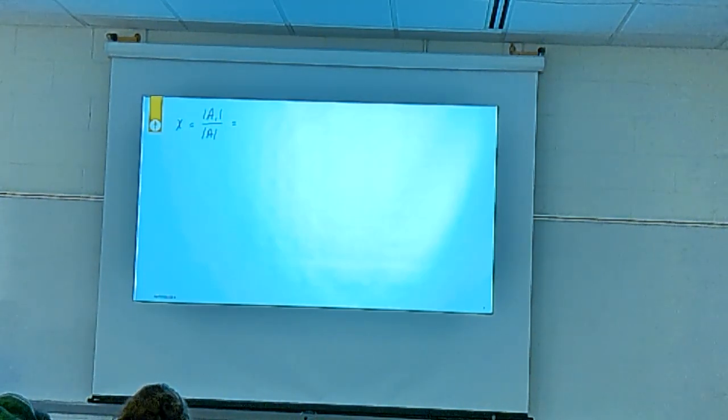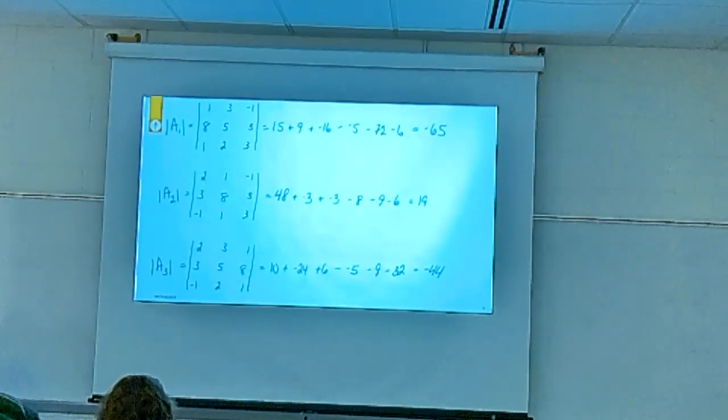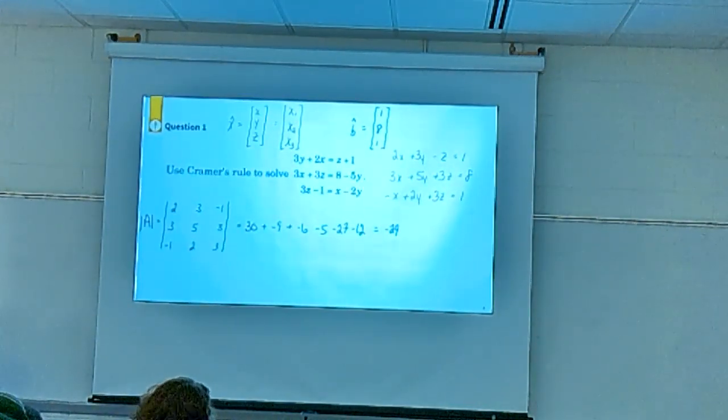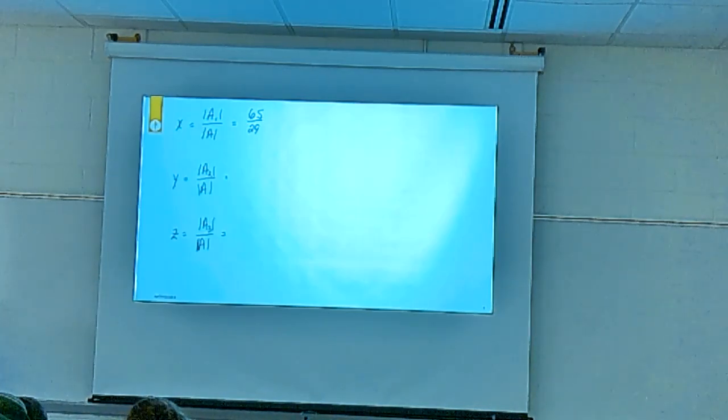So x1 would be the determinant of A1 over A. We said x1 was x. x2, which is our y, determinant of A2 over determinant of A. And x3, our z, determinant of A3 over determinant of A. -65 over -29. 29 is prime, and 65 is certainly not a multiple of 29, so sadly that can't be reduced.